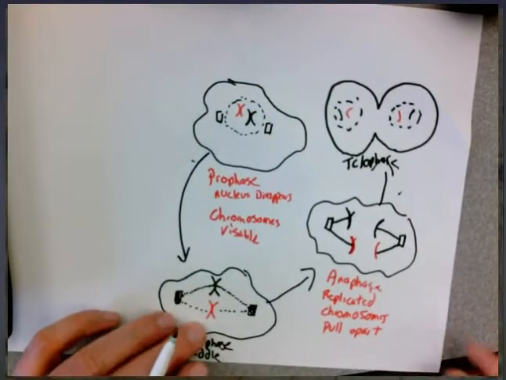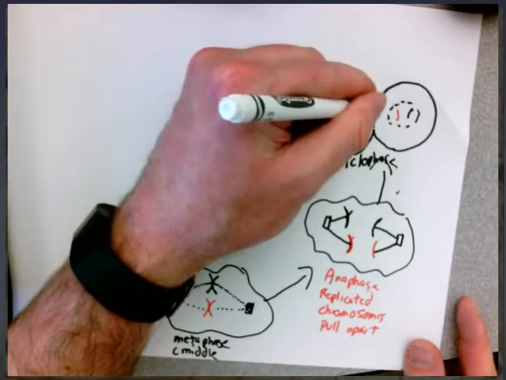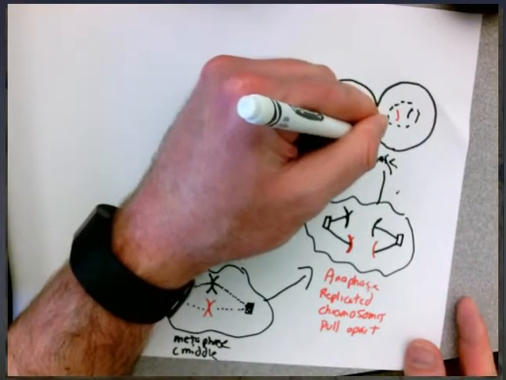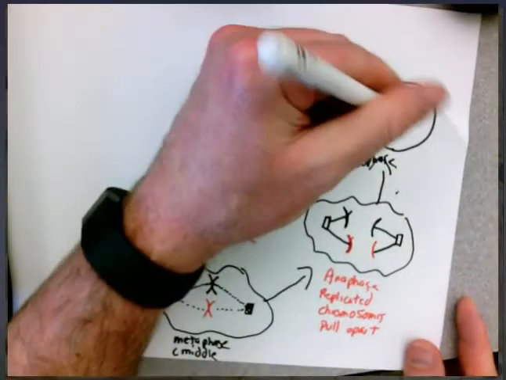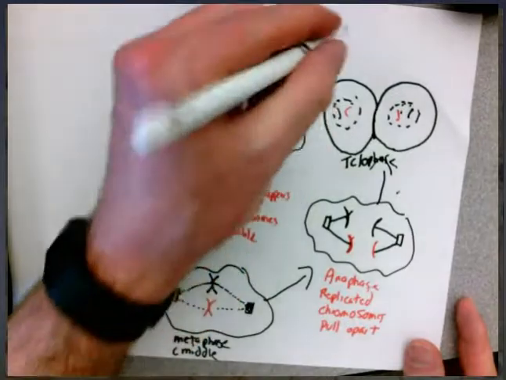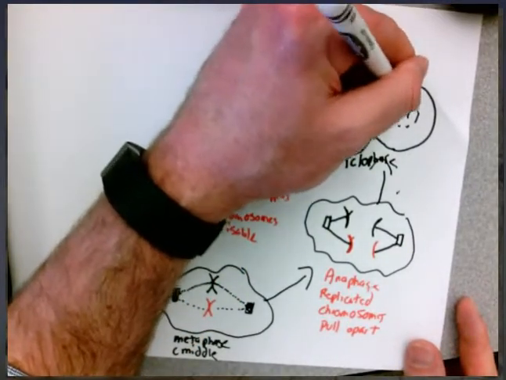Now eventually in telophase, the cytoplasm in the cell is going to completely separate itself, and then we're going to wind up with 2 complete cells. Each cell has 2 chromosomes. This cell has 2 chromosomes, and this cell has 2 chromosomes.